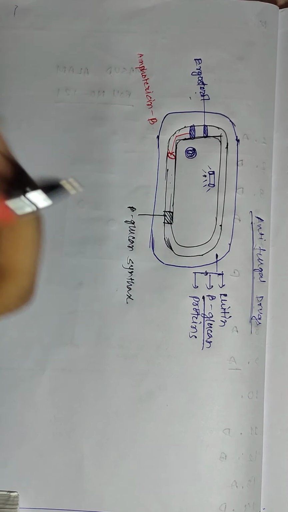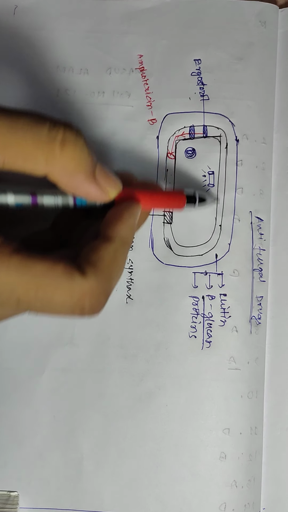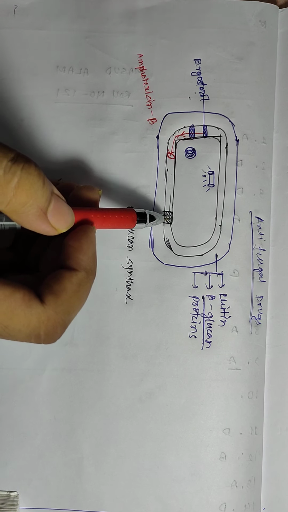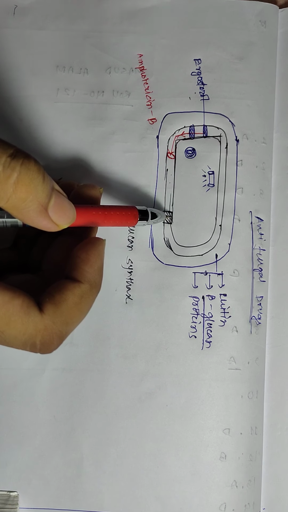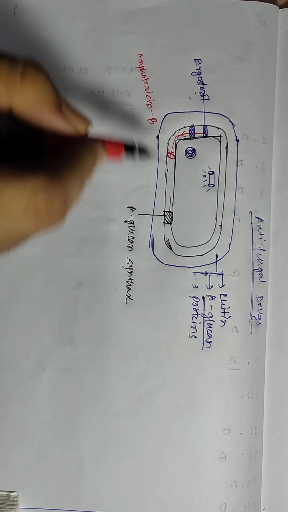So when it absorbs the ergosterol, what happens? The deficiency of ergosterol within the cell membrane. So ultimately the cell membrane becomes weak and leads to rupture. So this is the new mechanism.